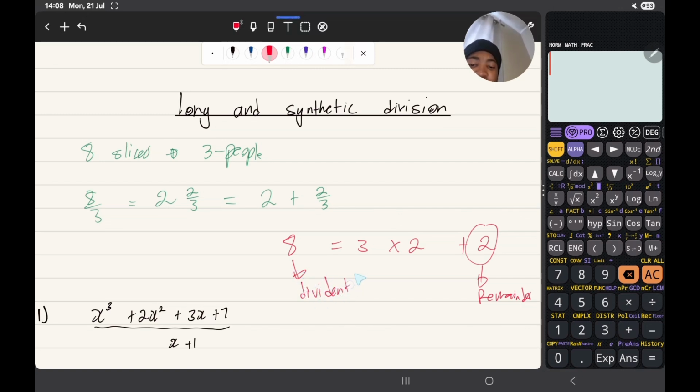Then 3, the one we were dividing by, is the divisor. And this 2, the whole number we got, we call the quotient.